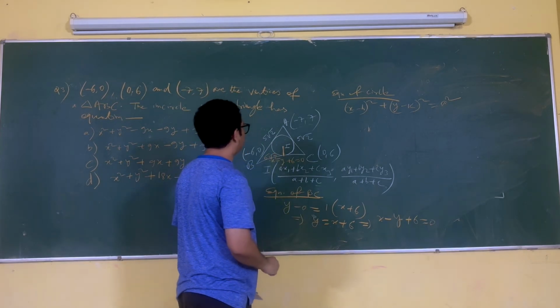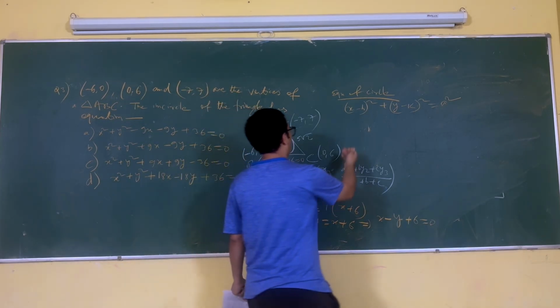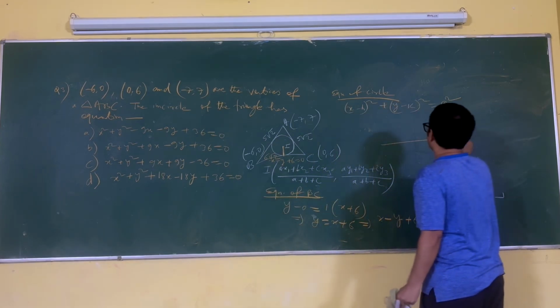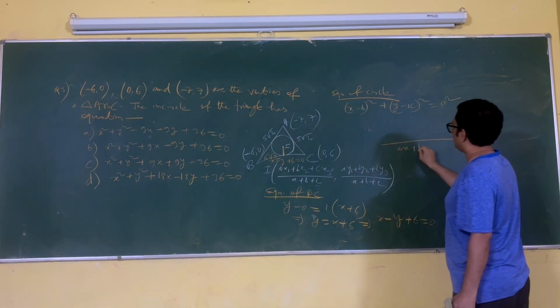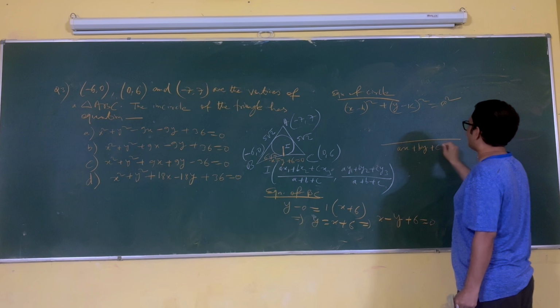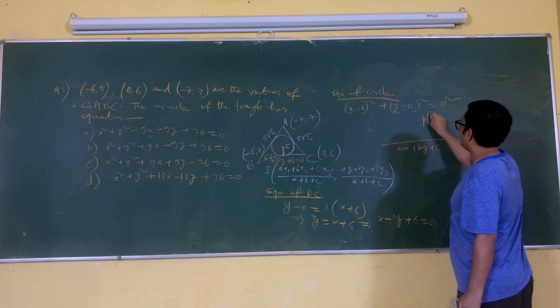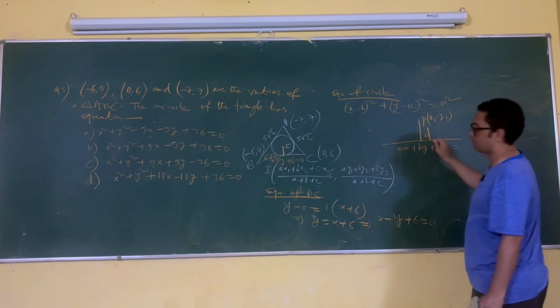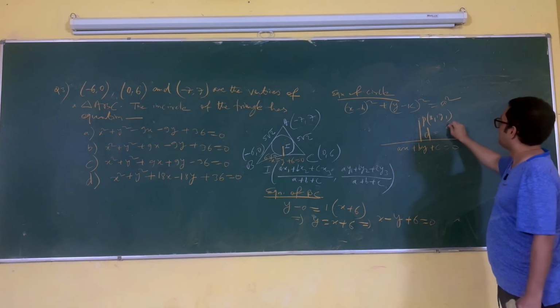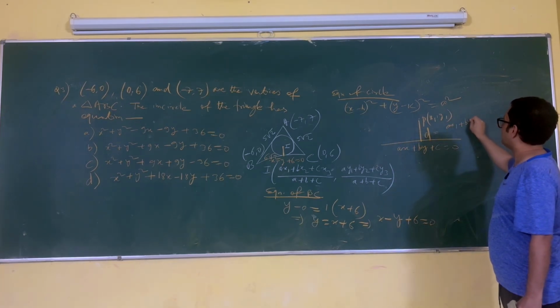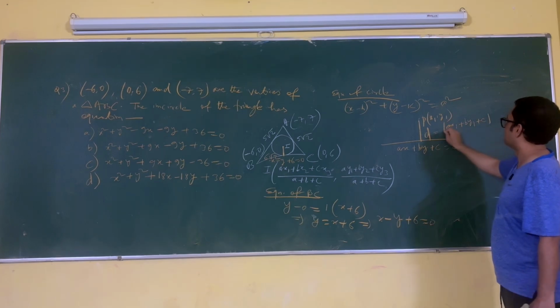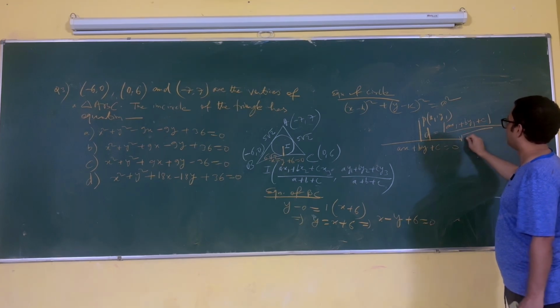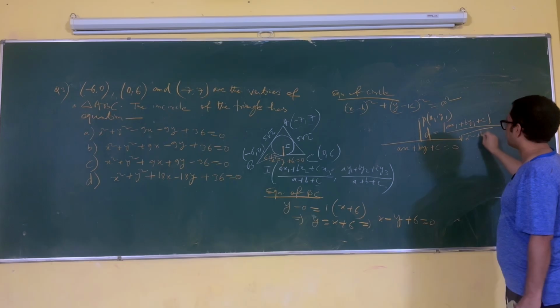So here we know the formula: if ax plus by plus c is equal to 0 and there is any point, let it be P (x1, y1), and this distance d we have to find. That is nothing but modulus of ax1 plus by1 plus c, divided by root under a square plus b square.